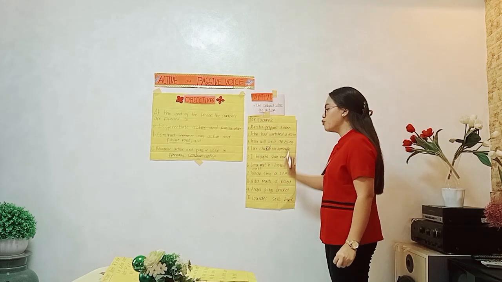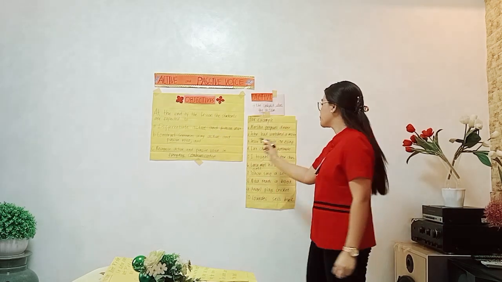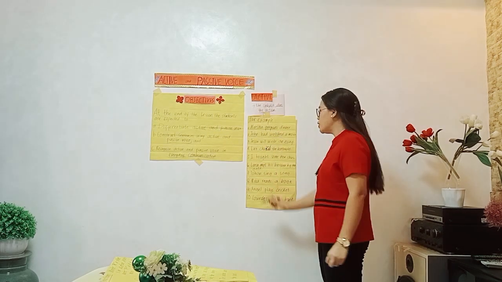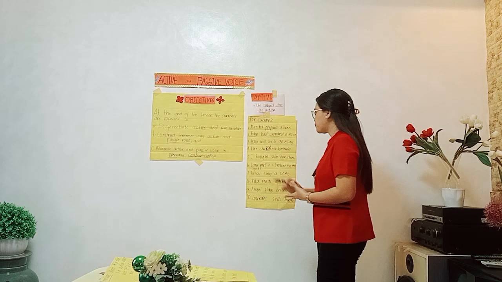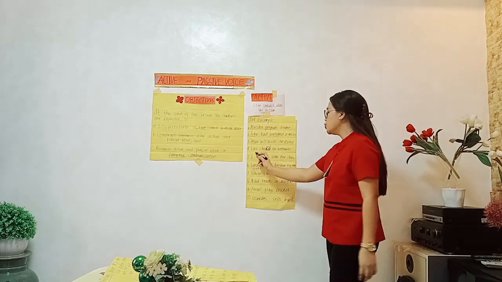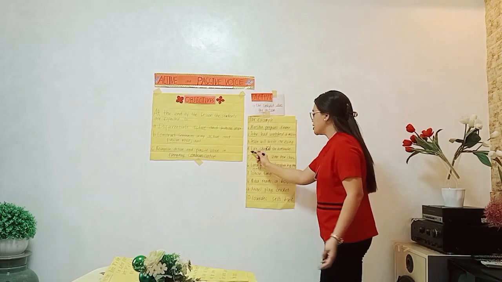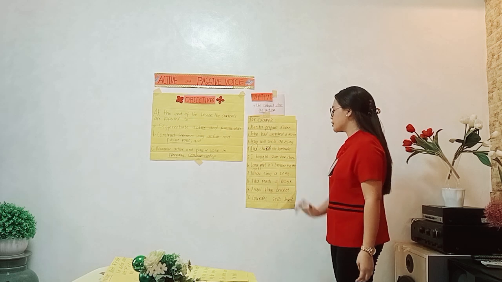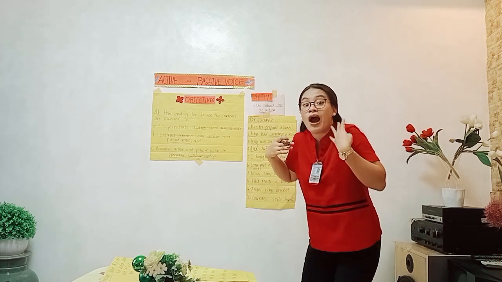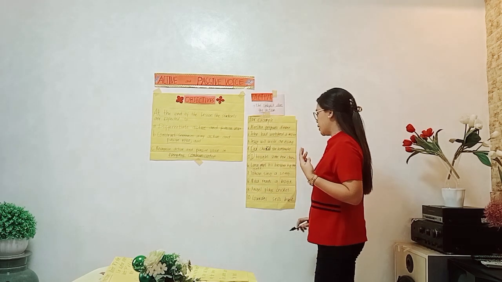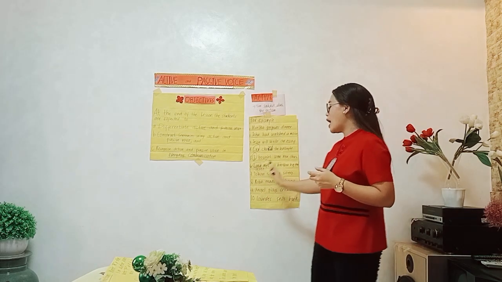Number two example: John had watched a movie. Our subject is John. What is our verb? Watched. Another example: Jessa will write an essay. Who will write an essay? Jessa. Luz chased the butterfly. Who chased the butterfly? Luz. So this is our subject. I bought some new shoes. Who bought some new shoes? I. That is our subject, and our verb is bought. Another example: Johan sang a song.